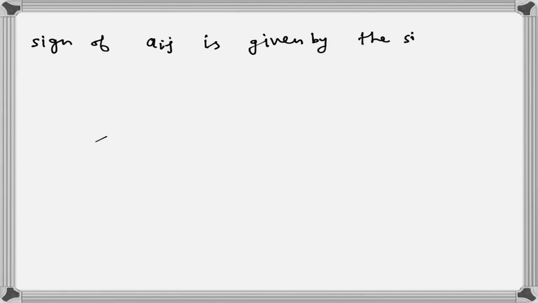The sign of aij is given by the sign of (-1) to the power i plus j. So if i plus j is an odd number, then there will be a negative sign, otherwise it will be a positive sign.